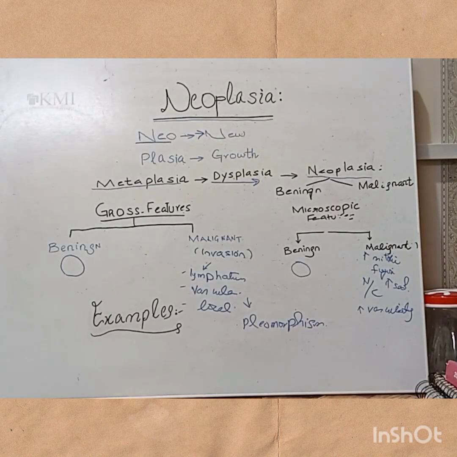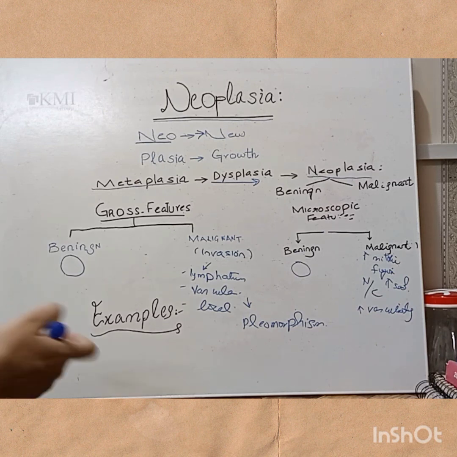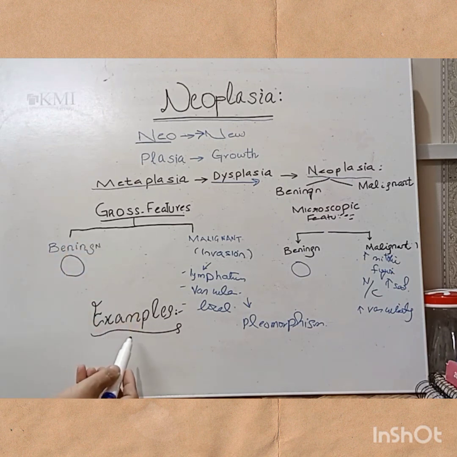Now coming towards the examples, usually the benign lesions end with the suffix oma. For example, if we talk about fibrous tissue, it is fibroma. If we talk about the fibroid in the uterus, that will be termed leiomyoma.